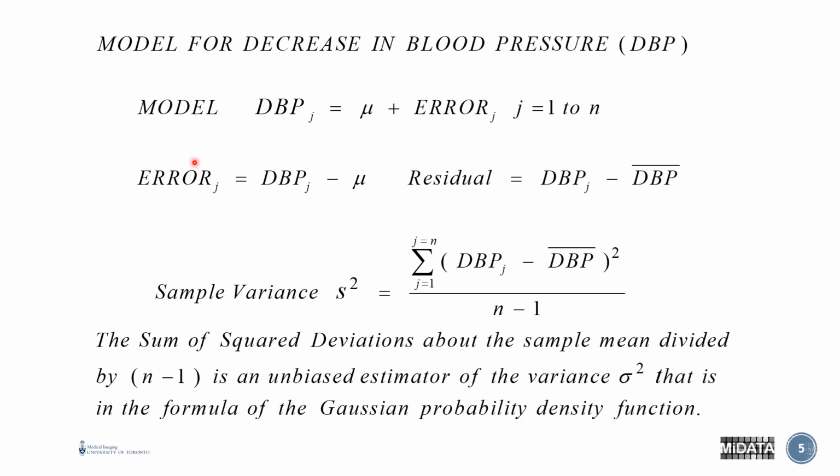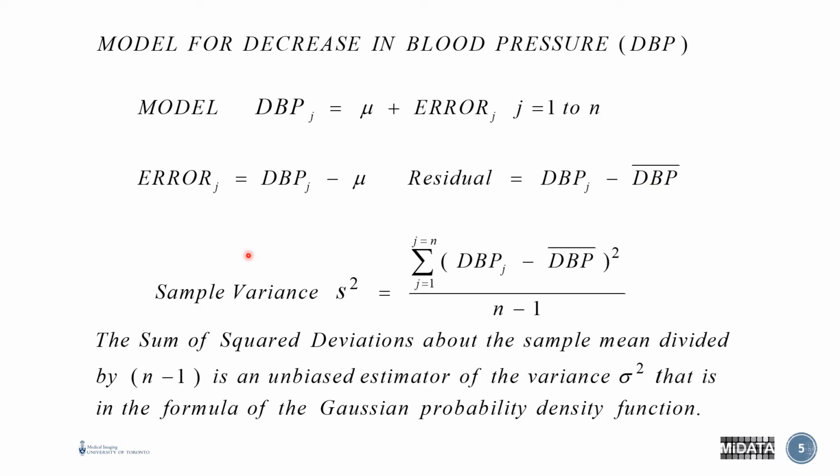And this error is going to be equal to the value of the dependent variable minus the mean of the population. But because we are working with a sample now, not the population, we're going to rename the error residual. And in this case, the residual is going to be the value of the dependent variable minus the mean of the sample. That makes sense, correct?